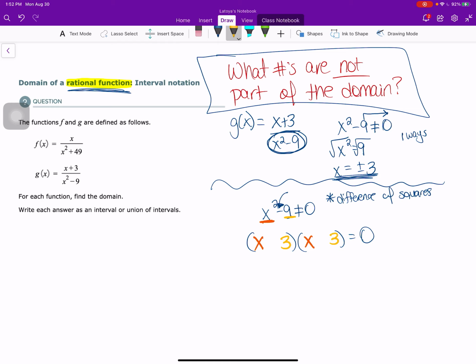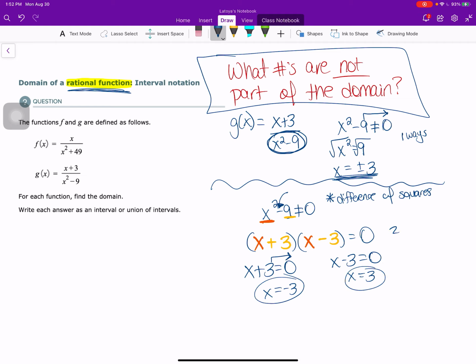Well, if I do it like I did up top, the square root of 9 is actually a positive 3 and a negative 3. So either way we work this out, if I were to finish solving this down here where it is in factored form, I would end up having x is equal to negative 3 and x is equal to positive 3.